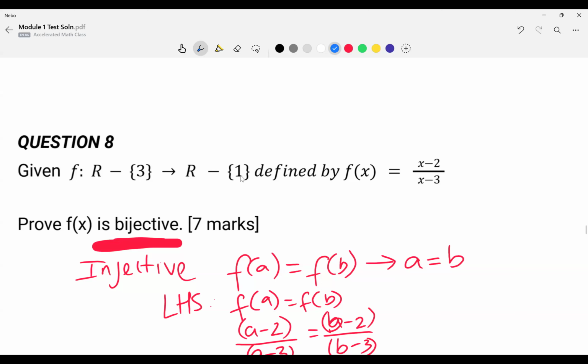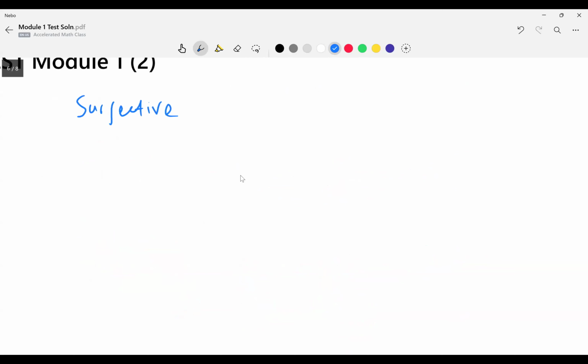So when we're finding the inverse, we just need to show that they were not lying. When we find the inverse, we are going to get every value except 1. Cool. So we're going to have f of x is equal to x minus 2 over x minus 3.